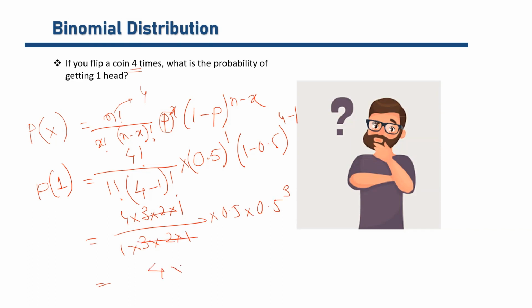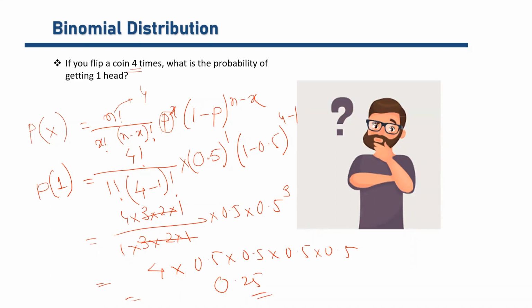So we have 4 into 0.5 into 0.5 into 0.5 into 0.5. 4 into 0.5 is 2, 2 into 0.5 is 1, 1 into 0.5 is 0.5, 0.5 into 0.5 is 0.25. So the answer is going to be 0.25.